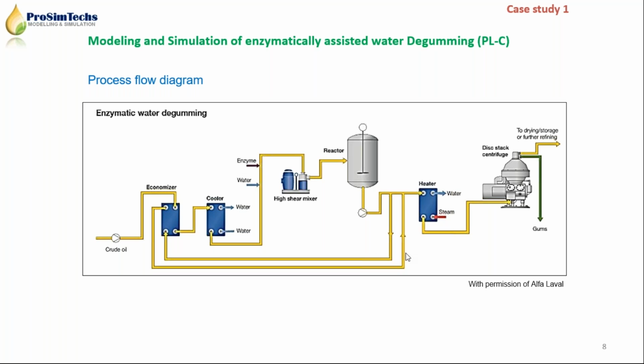And finally, we have a heating stage to get the appropriate temperature prior to entering the centrifuge to remove the phospholipids with the water phase, and to send the degummed oil to further refining.